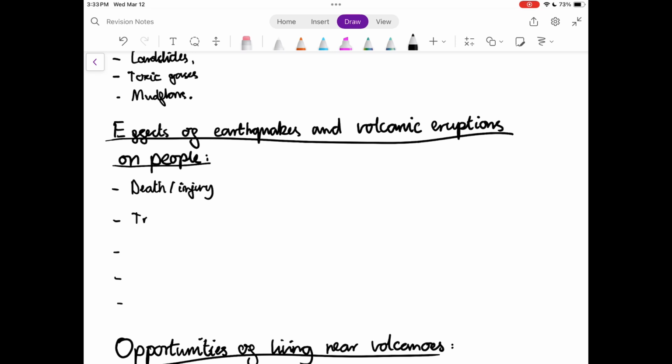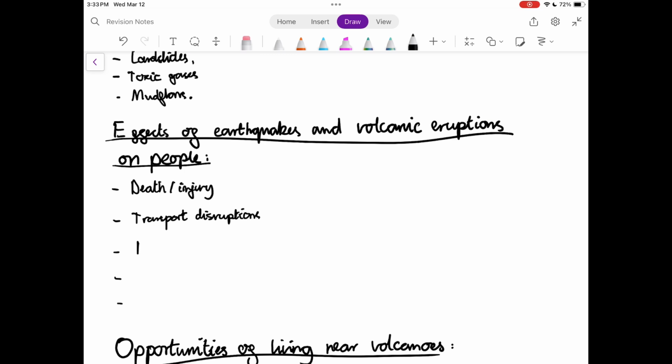Secondly, it can cause transport disruptions, and this could result in aid not being able to be transferred to areas which are in need of humanitarian aid after an event like an earthquake or volcano.